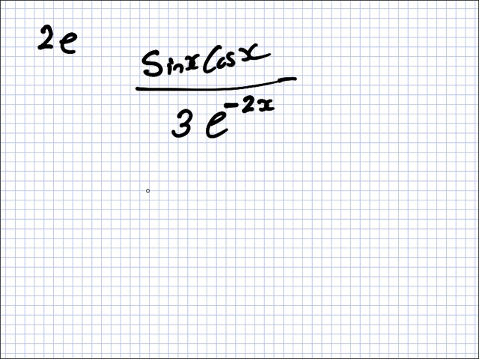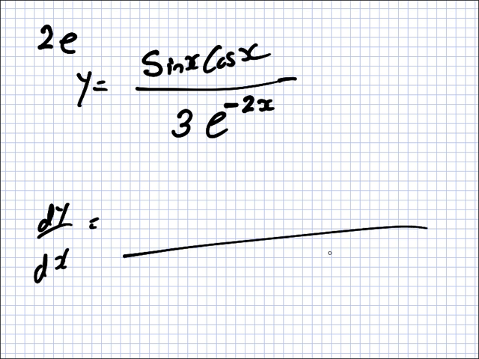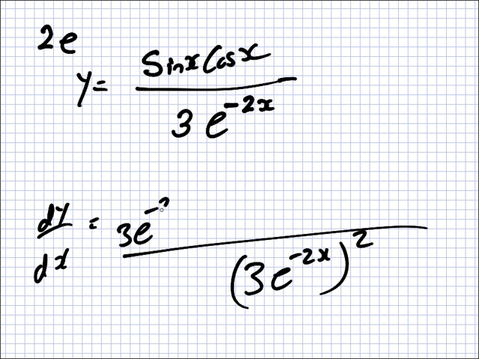So I need the quotient rule. So the quotient rule is the bottom squared. The bottom times derivative of the top, which now requires the product rule.